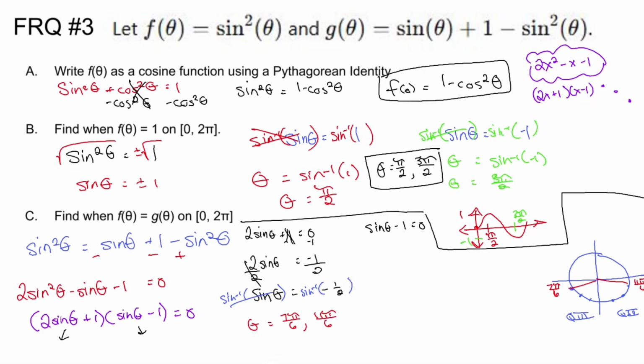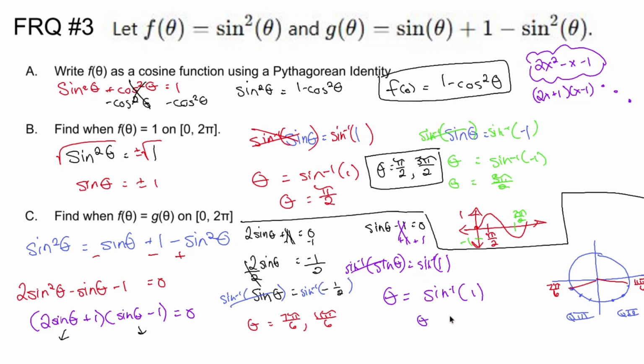Now we have to do this one. Let's add 1 to both sides. Sine theta equals 1. Inverse sine both sides, and theta equals the inverse sine of 1, which I already know is pi over 2.